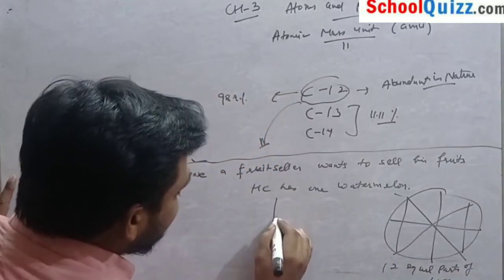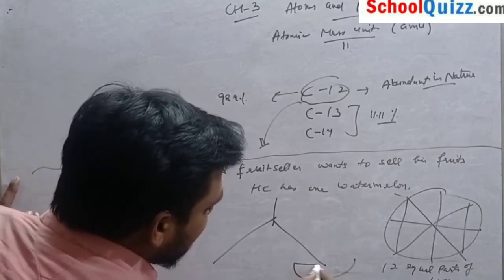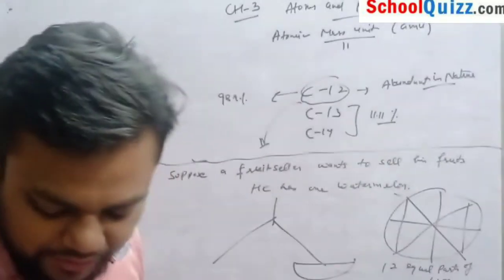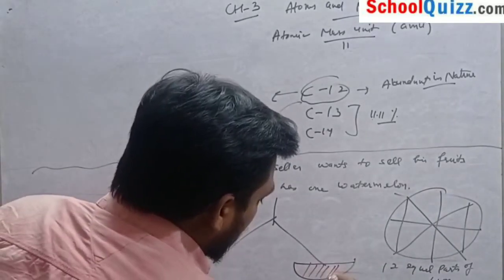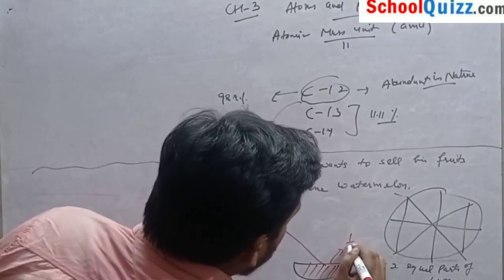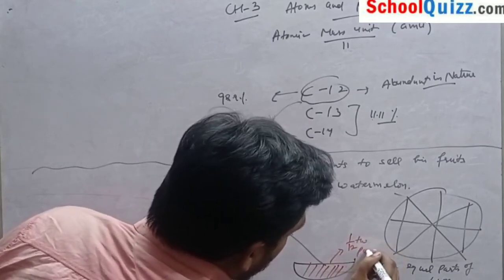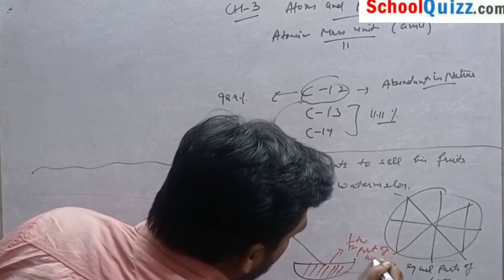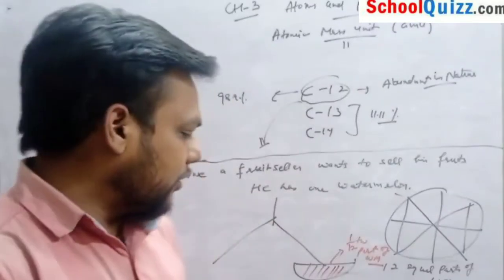For example, this is the weighing machine. This is one piece of watermelon, or we can write it as 1/12th part of watermelon, or 1/12th the weight of watermelon.